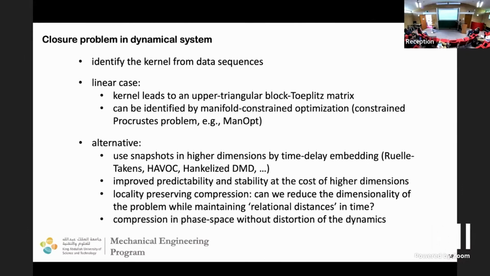We can compress in phase space without distortion of the dynamics, and then analyze the compressed snapshots without the curse of dimensionality and still get the dynamics, because if they're mutually as far away as they were before in phase space, that means they're so constrained that they preserve the dynamics. So this is a really nice technique.